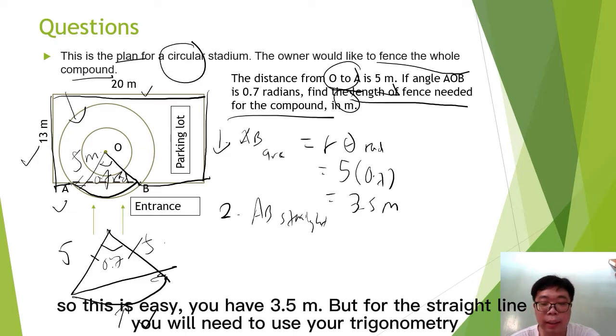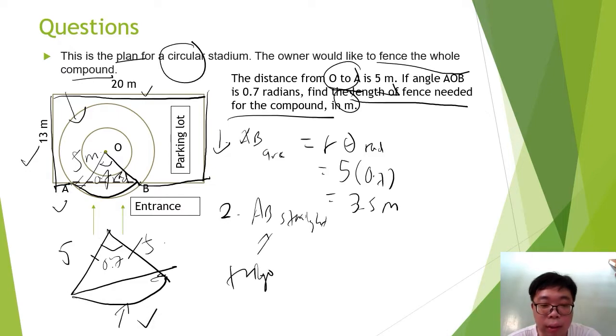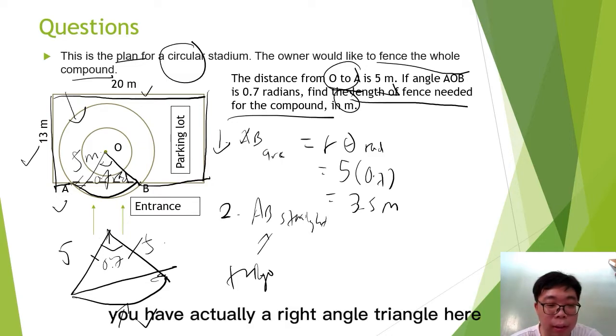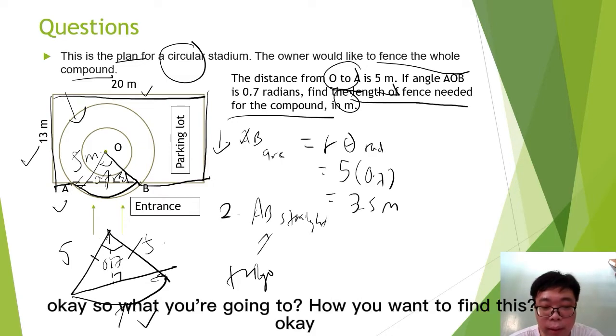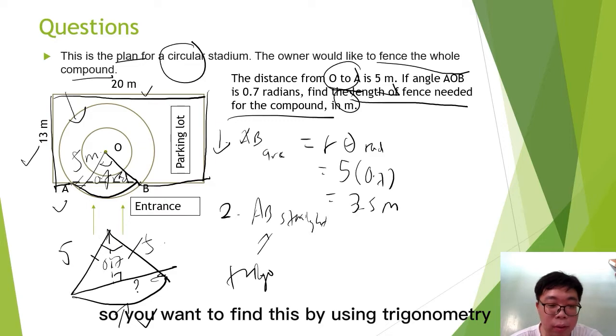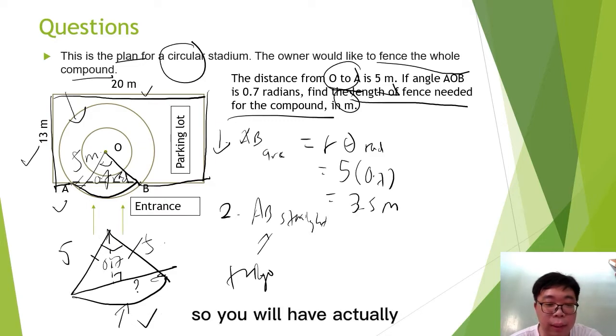But for the straight line, you will need to use your trigonometry. The reason you use trigonometry is because you have a right angle triangle here. So you want to find this by using trigonometry. So you will have this formula.